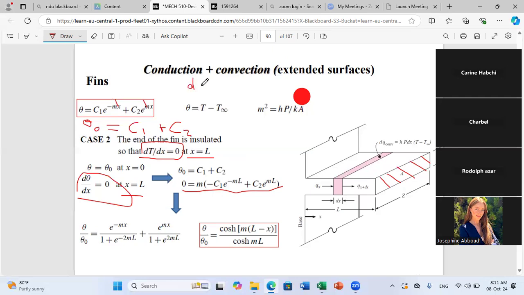I just have to derive. d theta by dx equals minus m times C1 e to the minus mx, plus m C2 e to the mx.